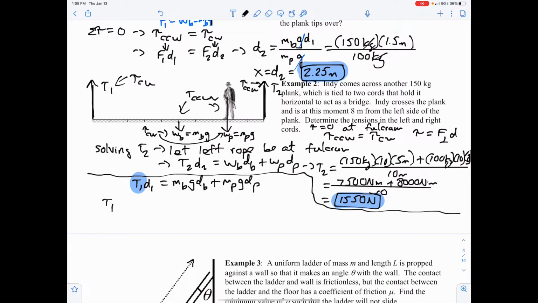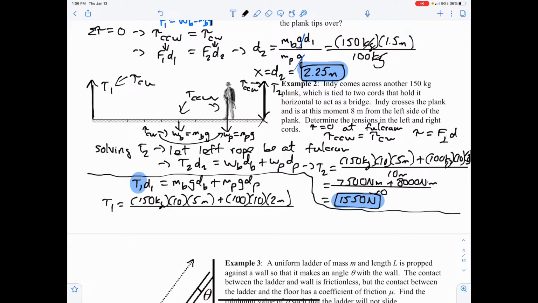Let's plug in. Mass of the board is 150 times 10 times the distance of the board. Well, the distance of the center of mass of the board is still 5 meters away, plus the mass of the person is 100 times g is 10. And remember, our fulcrum is over here now, and Indy is 2 meters away from that point.